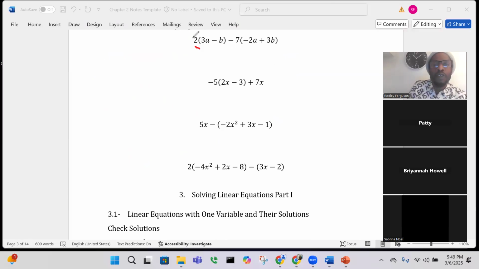First step, 2 times 3A gives me 6A, and then 2 times negative B is negative 2B.